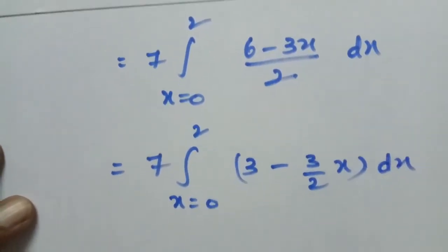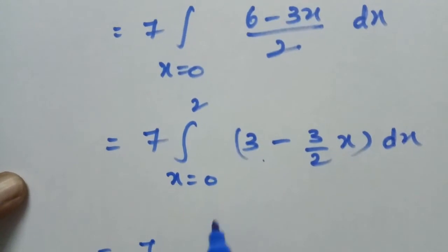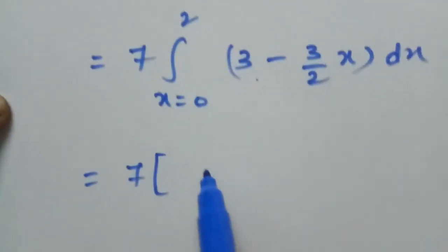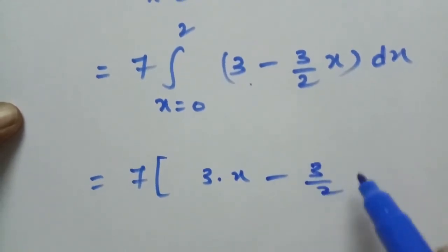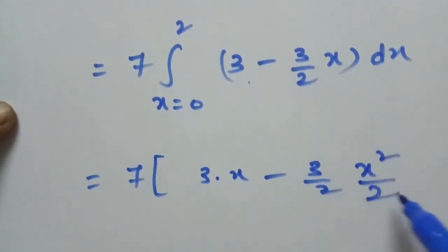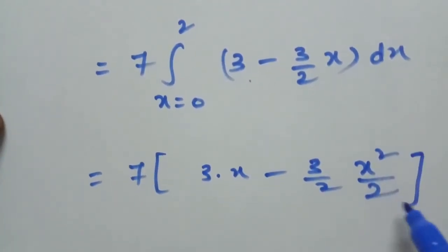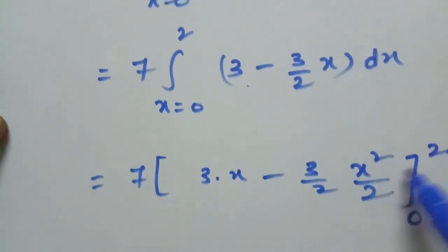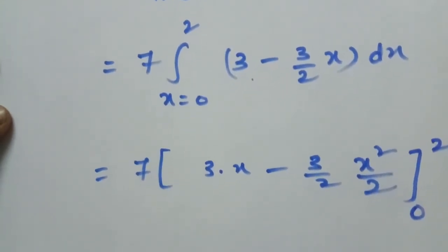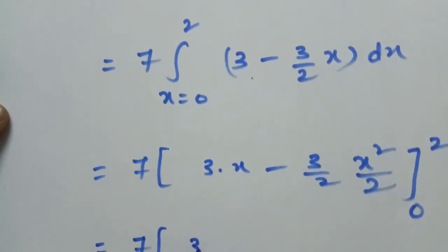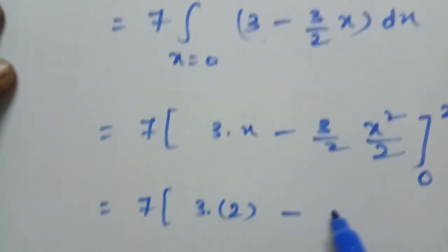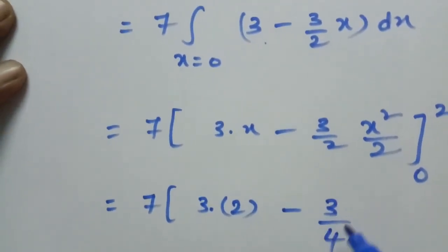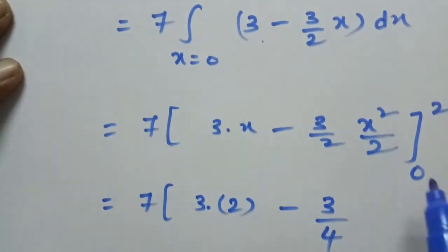Again 7 into the integration of 3, that is 3 into x, minus 3 by 2 into x square by 2, the integration of x. We are using the formula: integration of x power n is x power n plus 1 by n plus 1. 7 into upper limit 3 into 2 minus 0, minus 3 by 4 into upper limit 4 minus 0.